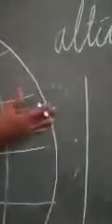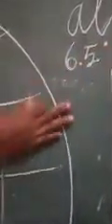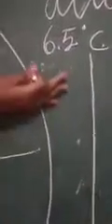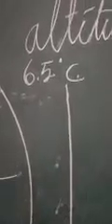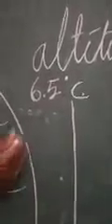Students, next altitude. When the altitude increases, the temperature decreases. Temperature decreases at the rate of 6.5 degree Celsius for every 1000 meters of ascent. It is called the normal rate. Students, again I say, listen properly.